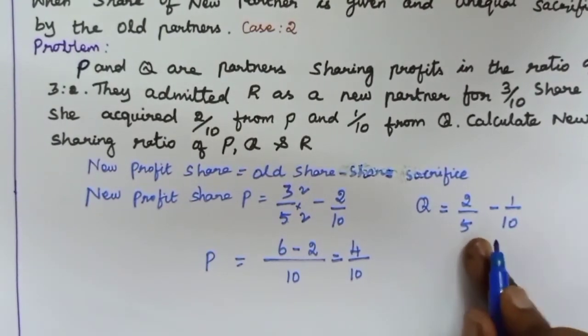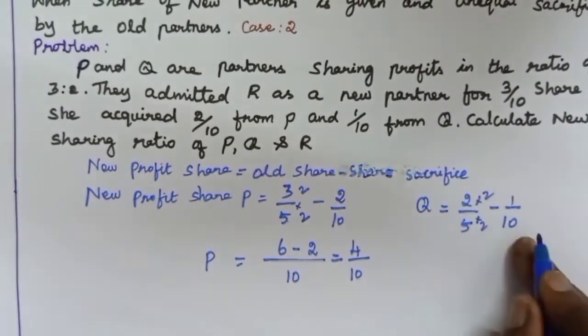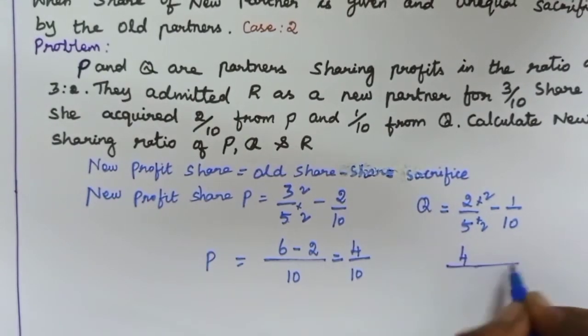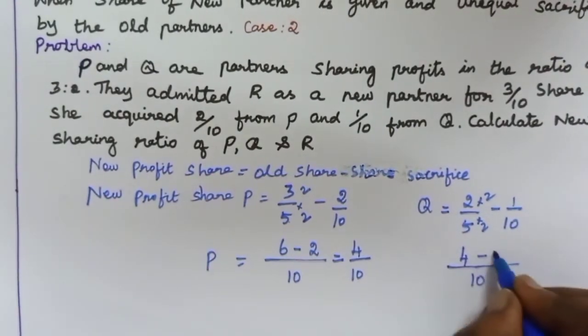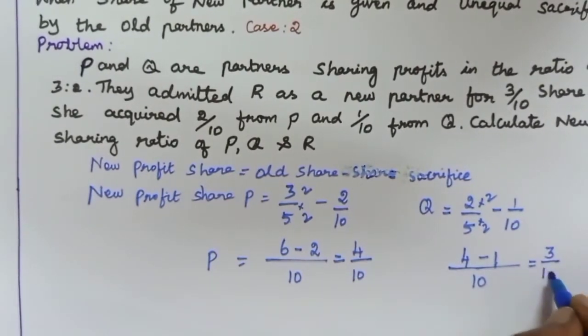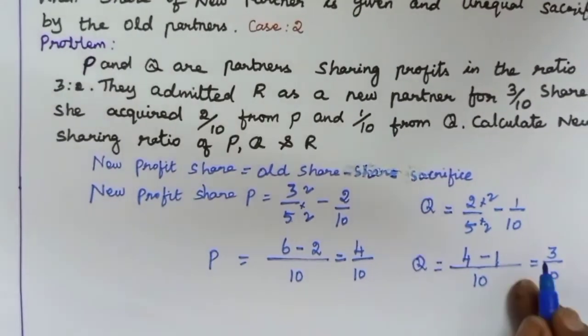LCM is 10. So multiply with 2 to get denominator of 10. 2 2s are 4, 4 by 10 minus 1 by 10. 4 minus 1 we will get 3 by 10. So new profit share of partner Q is 3 by 10.